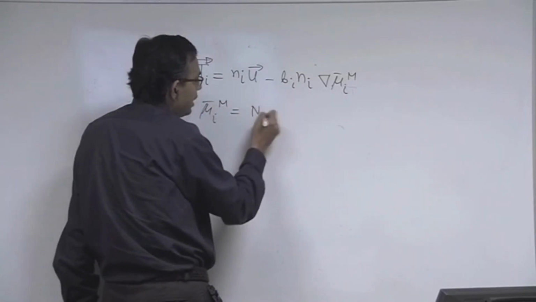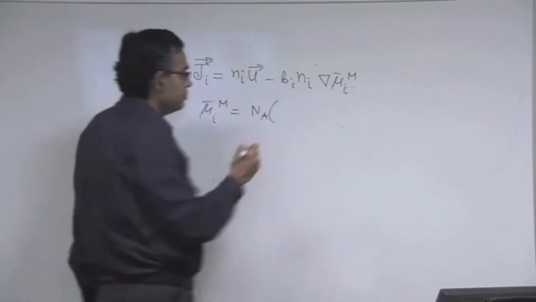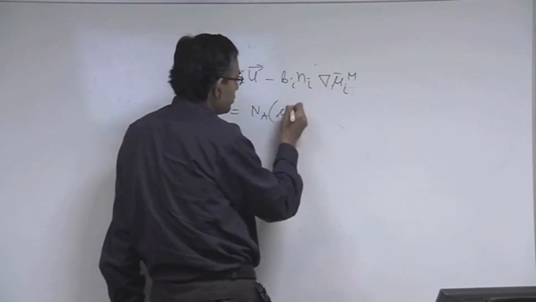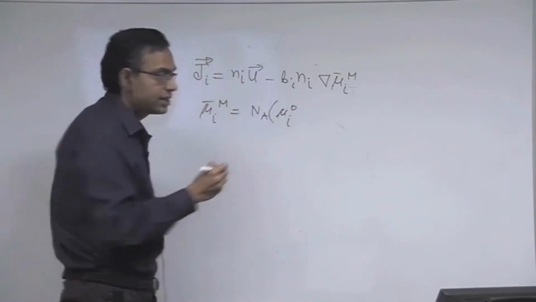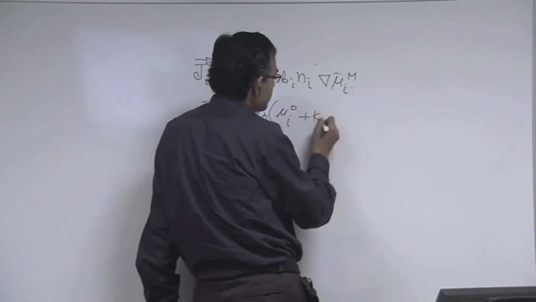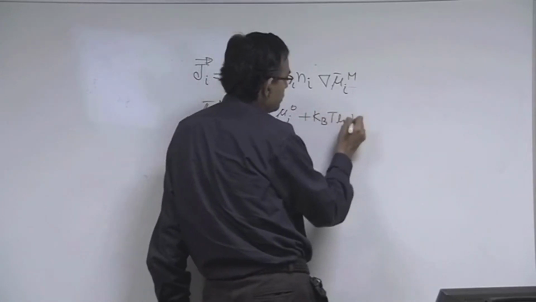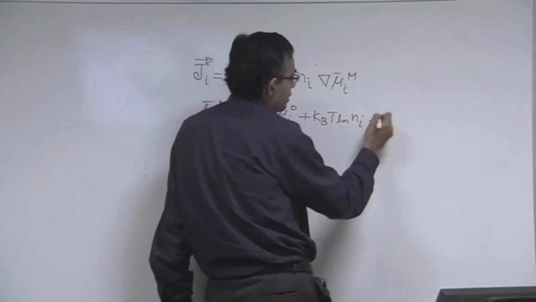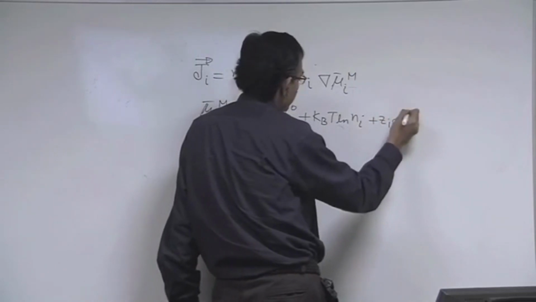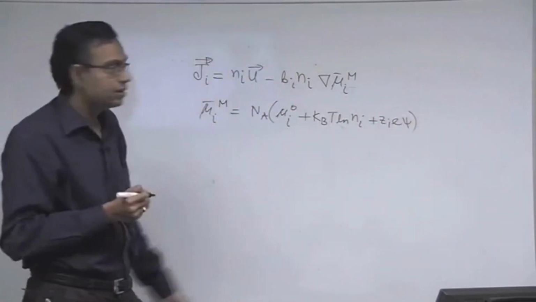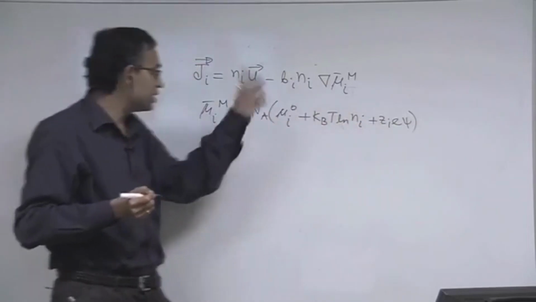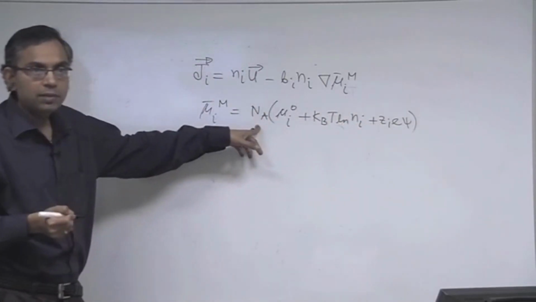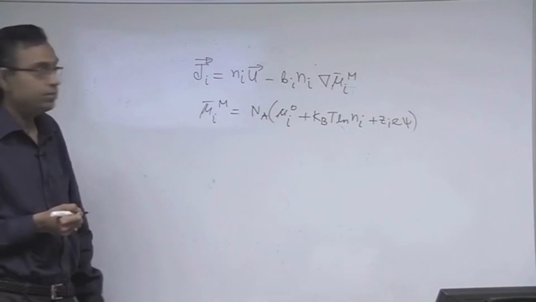This is N_A times mu_i0 plus kB T ln N_i plus z_i e psi, right. This is what we had derived; it is a molar quantity, so multiply by Avogadro number.